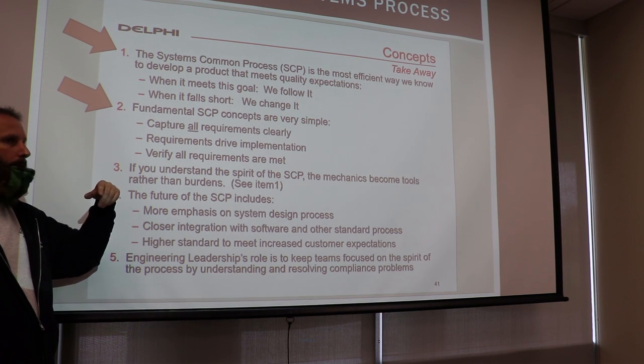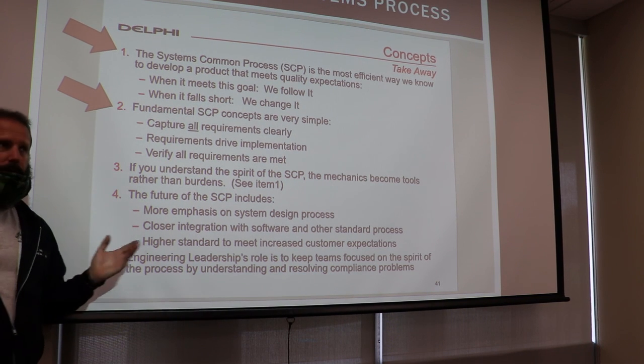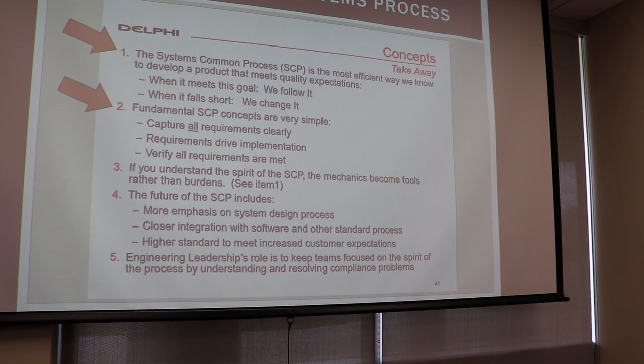Verify all requirements are met. So this V diagram, I'll talk about, actually I've shown it once before. Basically we start at macro and we start stepping it down, breaking down things smaller and smaller until we get to that smallest level, right? So those are all our requirements. Then as we start to design, we're addressing all of those, right?